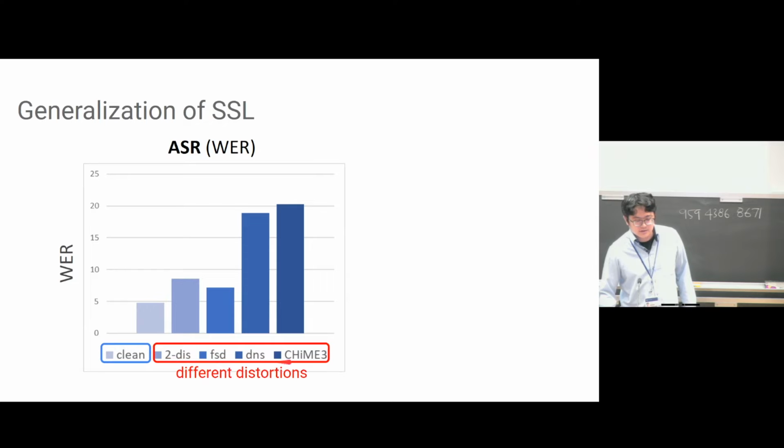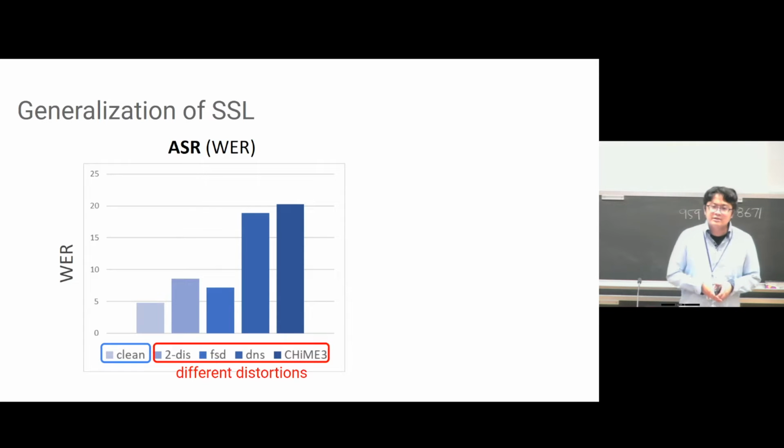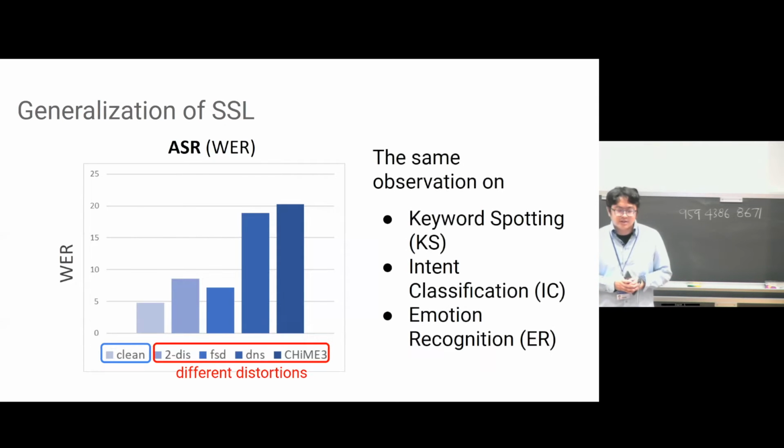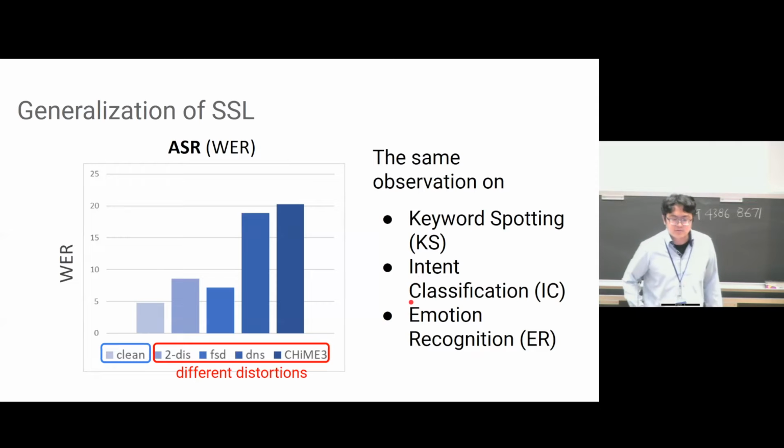Here, those different bars represent different types of speech distortion. We do not have to go through the detail here. And it is very clear that with some distortion, the performance of those self-supervised models degrades. And the same observation can be found on keyword spotting, intent classification, and emotion recognition.